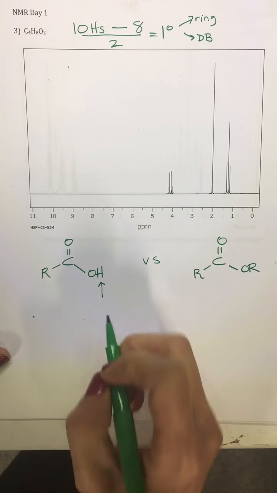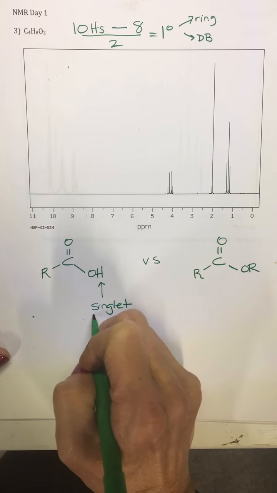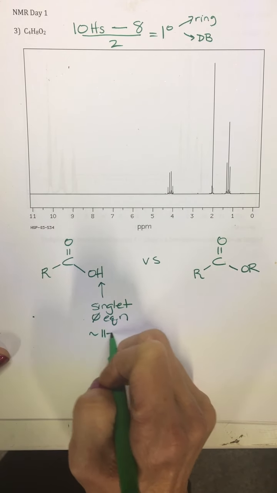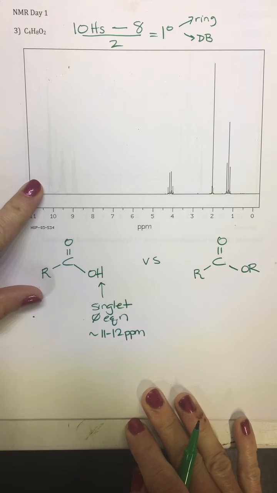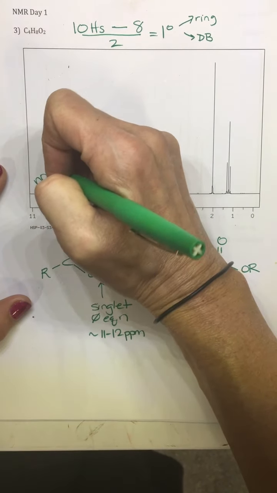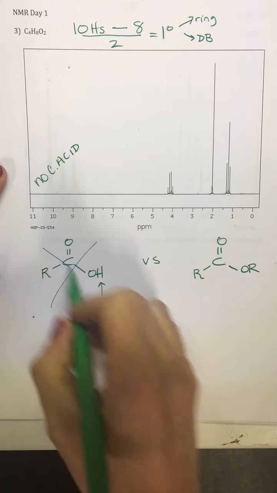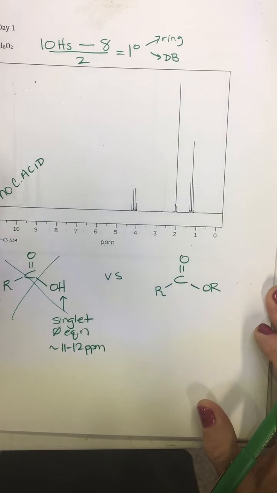Remember, this hydrogen would be a singlet because it has 0 equivalent neighbors, and it would be around 11 to 12 ppm. Okay, there's nothing here. So we've got no carboxylic acid possible, so we can rule this out right away. That means we're working with the structure of an ester.